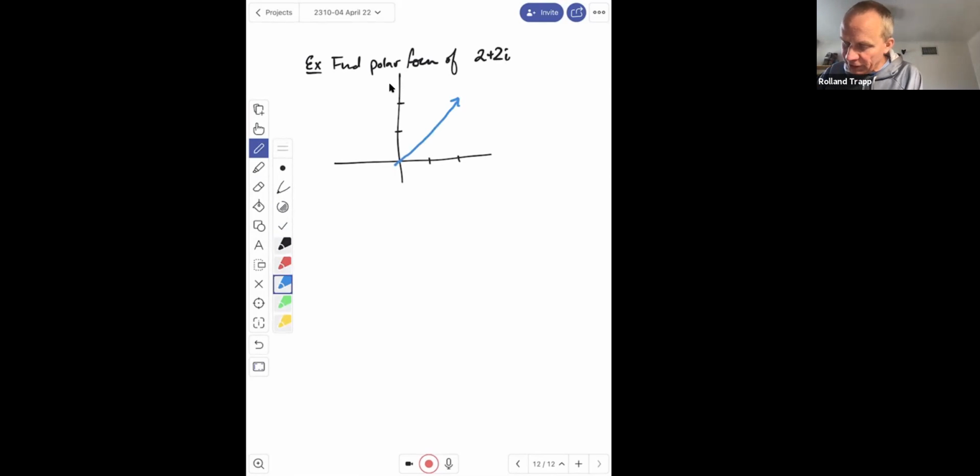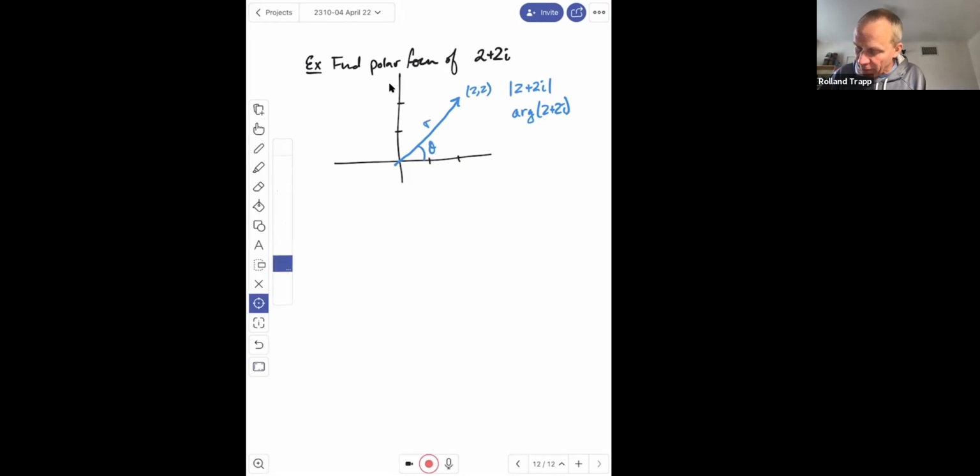I just need to find the modulus of 2 plus 2i and the argument of 2 plus 2i. This really is just finding the polar coordinates of the point (2, 2), the endpoint of this vector. I want to know what the argument theta is, and what the modulus r is, from polar coordinates. That's what I wanted to do.